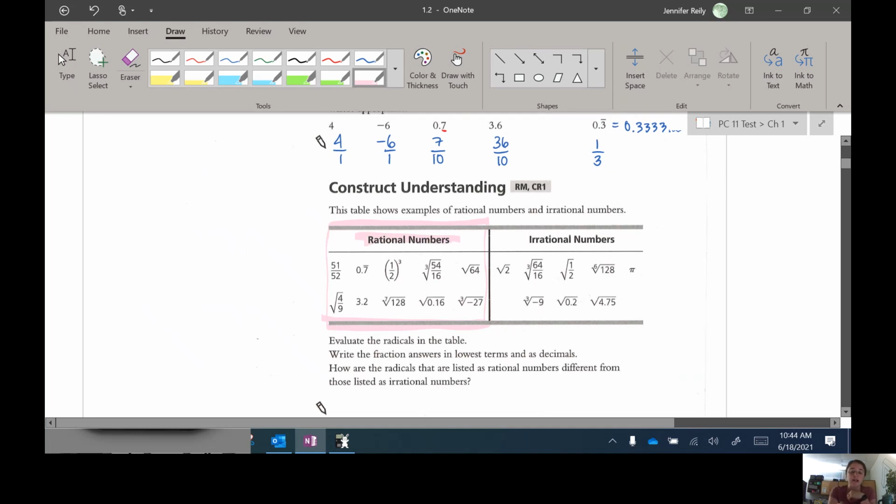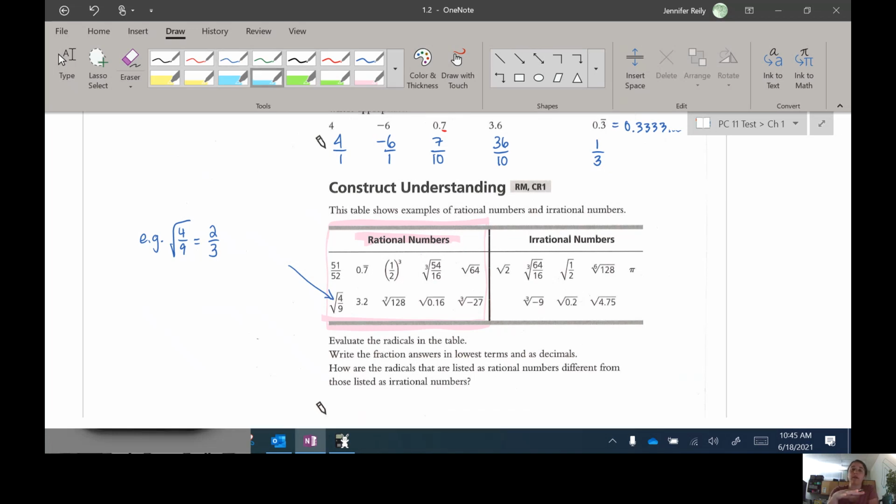Notice any decimals there, they're going to be repeating decimals or terminating decimals, and all those square roots, we'll be able to answer those and write them as fractions. So let me just do a quick example. Square root of 4 over 9, if you recall from last lesson, that would be 2 over 3. And that's a fraction, so it's a rational number.